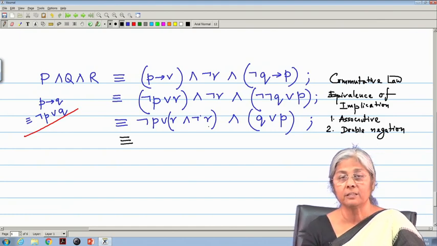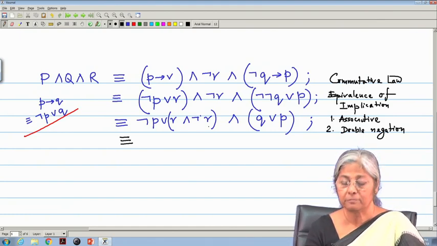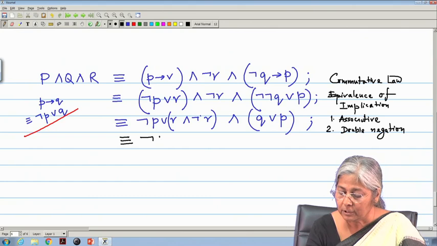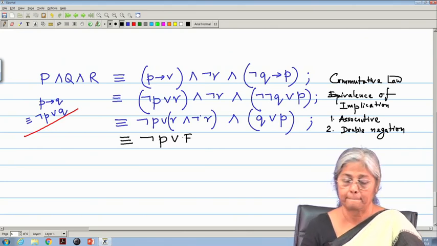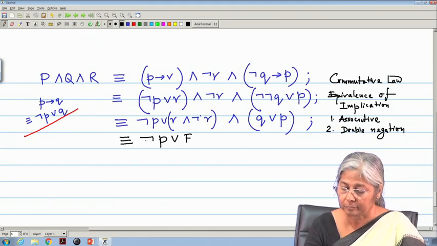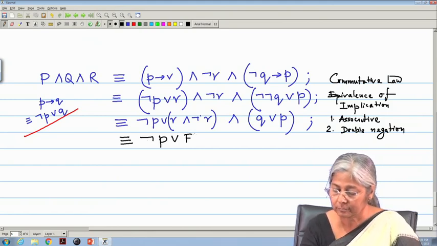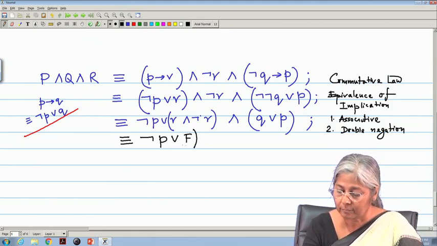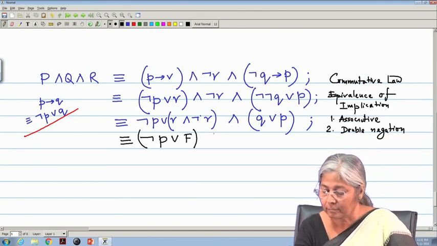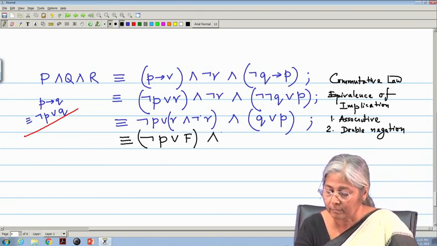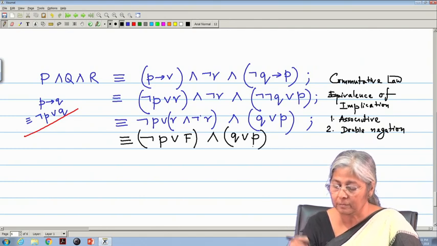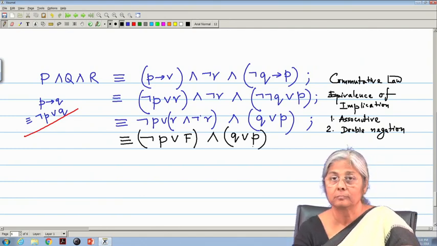Now, r and negation r is always F. So, negation p or F. And this becomes q or p.